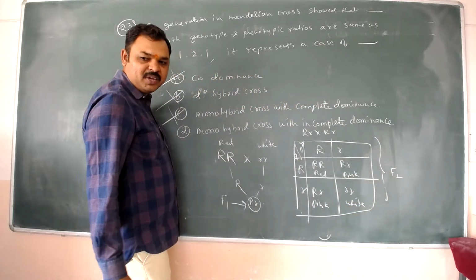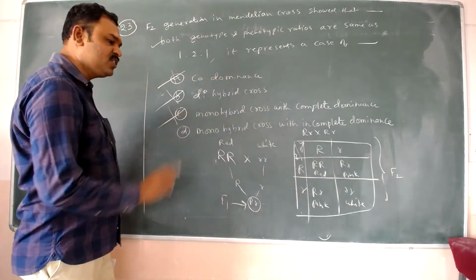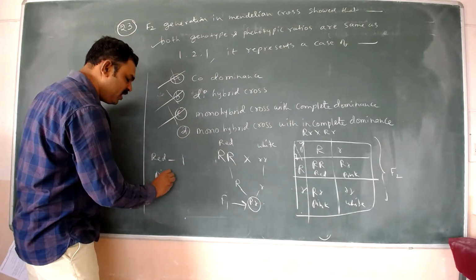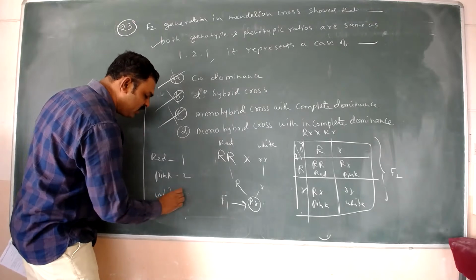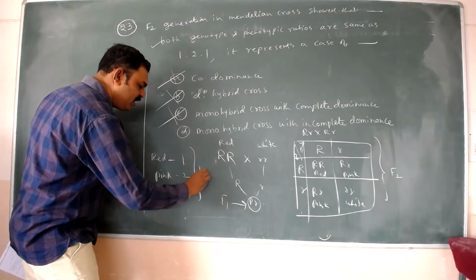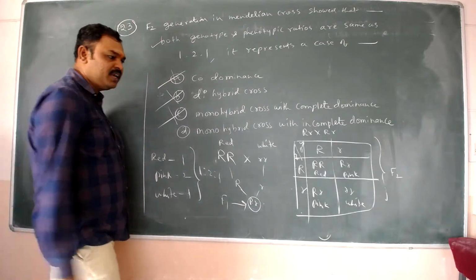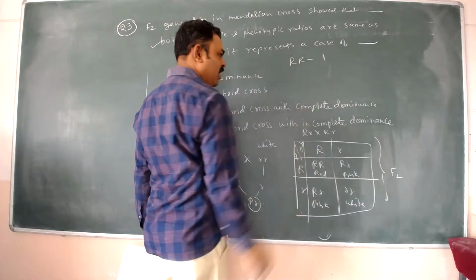Now you see phenotypically, what is the ratio? Red, how many plants? 1. Pink, how many plants? 2. And white, how many plants? 1. So the phenotypic ratio is 1:2:1. Now for genotype: homozygous dominant capital R capital R, 1.